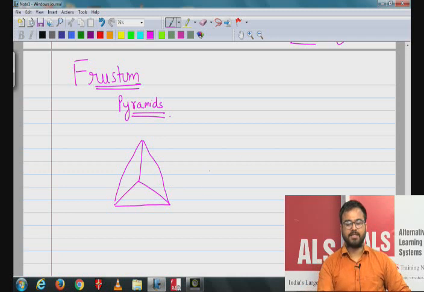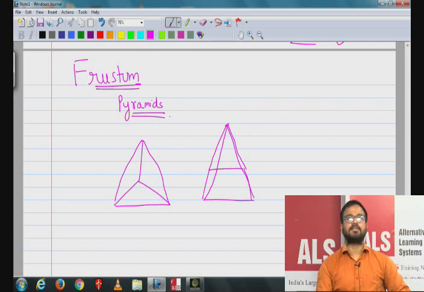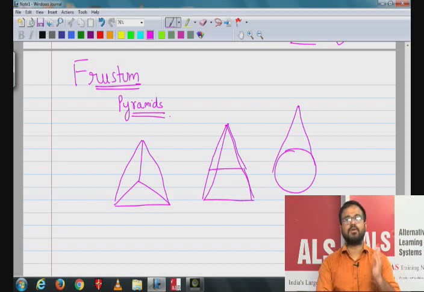It can be a quadrilateral or square on the base, with all four vertices meeting at the top. This can be a pyramid based on the circle, or you can say a cone is a special case of the pyramid in which the circle is the base.